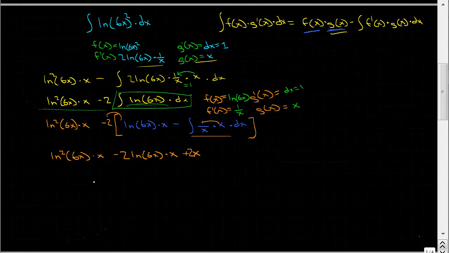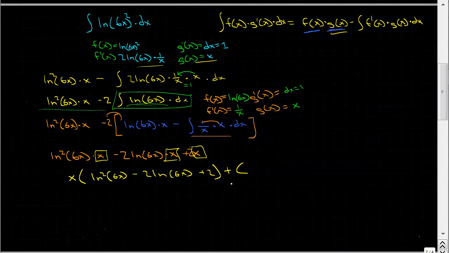So then we can factor this out and say, all of them have a common x. So it's x times ln squared of 6x minus 2 ln 6x plus 2, plus c.